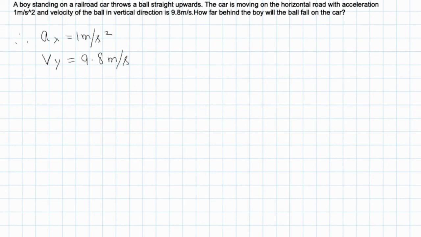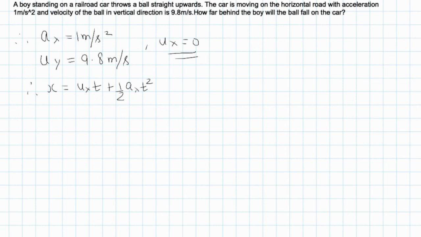Now just write the equations of motion for x and y since this is 2 dimensions. Therefore we can write x is equal to ux into t plus half of ax into t square. Now here ux is equal to 0. Okay, this velocity is not vy, this has to be uy. Ux is 0 as given in the question. There is no component of velocity in x direction.